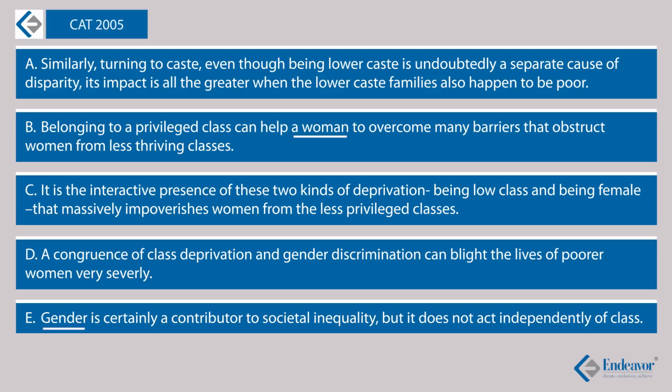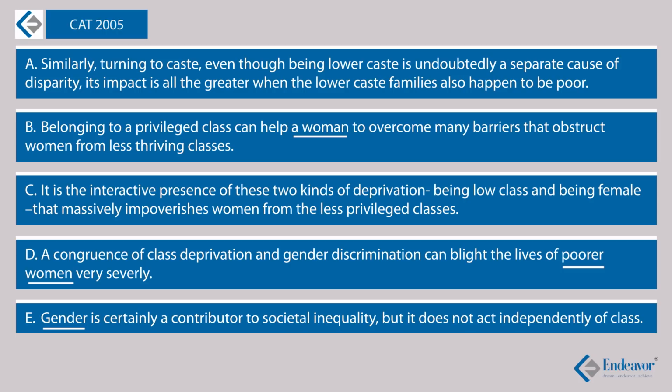If we look at D and C, D talks about two things: class deprivation and gender discrimination and its effect on poorer women, and C continues with the same idea of these two kinds of deprivation, that is low class and being female. So, D and C need to go together.